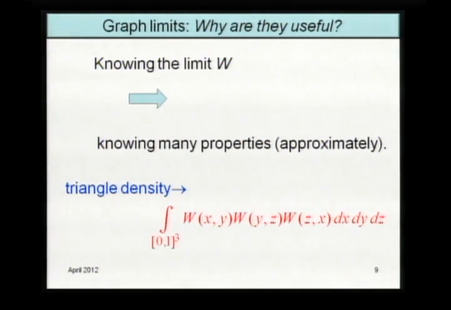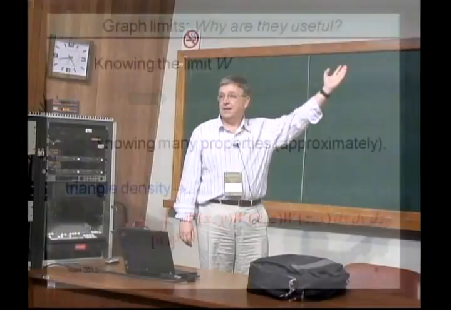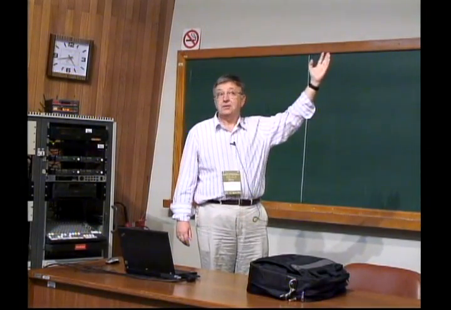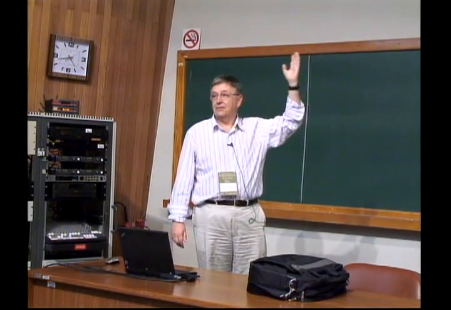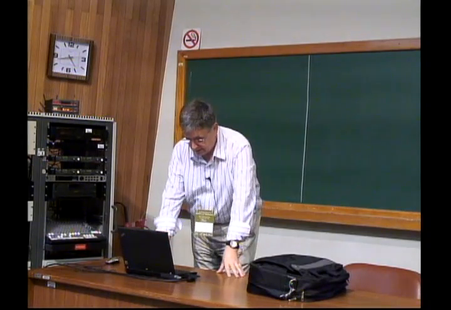We put in this limit, we take this product, we integrate it. It's a very simple thing to see that this really is what you would like to have as the triangle density. And so we would like to show that this limit, indeed, in this sense, reflects an interesting object that somehow reflects a good number of properties of this sequence.